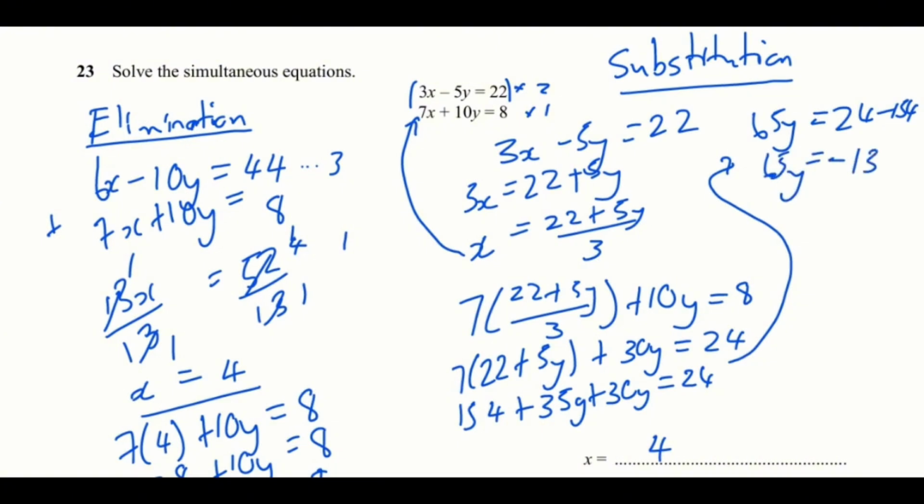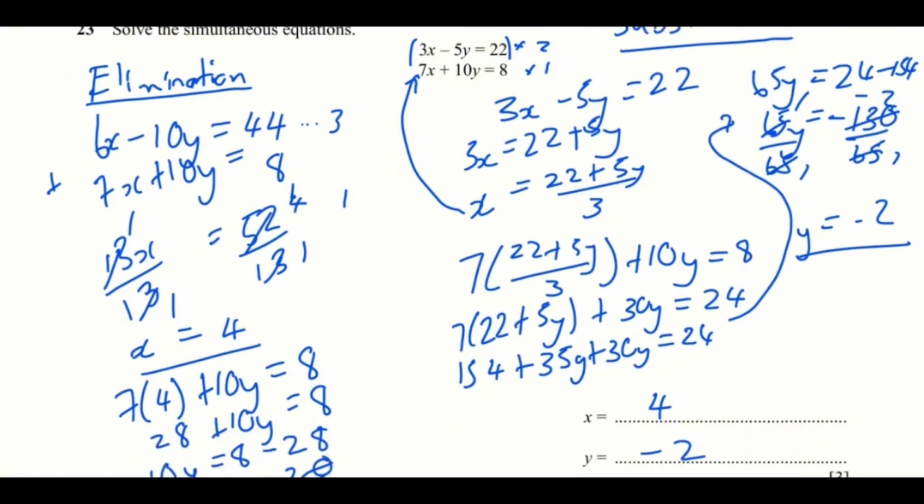Then divide both sides by 65. Here you get 1, here you get minus 2. So you can see that y equals minus 2. We've come back to the original solution. If we substitute again, y equals minus 2, we're going to get x equals 4.